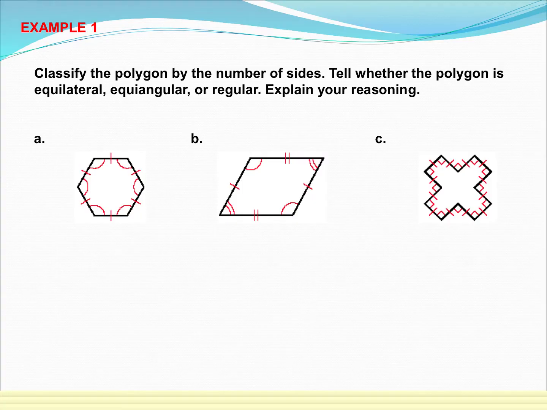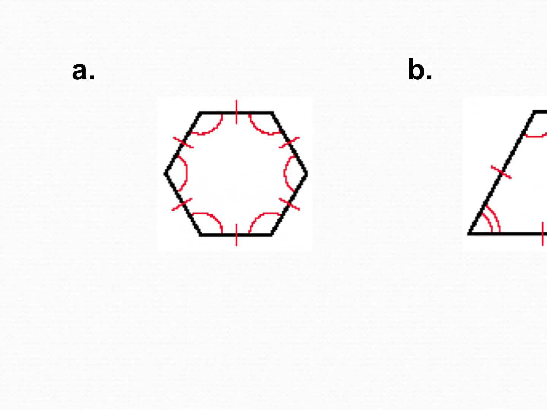Okay, so example 1, they want me to classify the polygon by the number of sides, and then also tell whether the polygon is equilateral, equiangular, or regular, or it could be neither. So let's go ahead and take a look at, let me zoom in here to A. So notice all angles have the same congruency mark. All sides in this polygon have the same congruency mark.